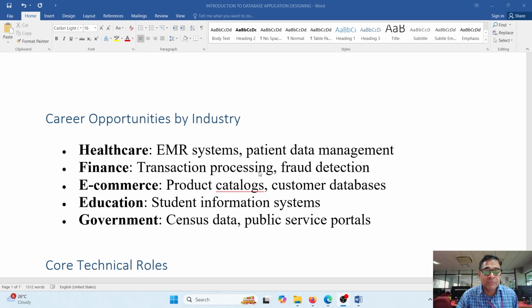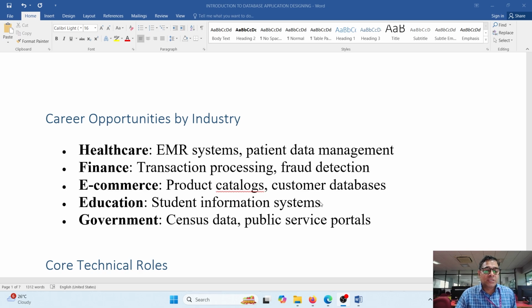database is behind it. And then e-commerce, like when you visit Amazon, Flipkart, right? Whatever product catalogs you see, that is nothing but the database that works behind it. Then if you go to any educational institute, there are student information systems storing the students' information, like your marks, your basic details, your demographic details.